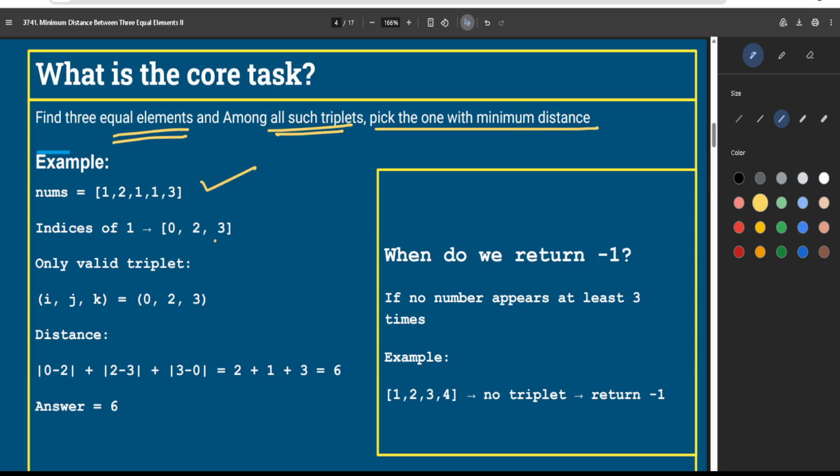Let's suppose we have these nums with 1 1 1 at indices 0, 1, 2, 3 and 4.